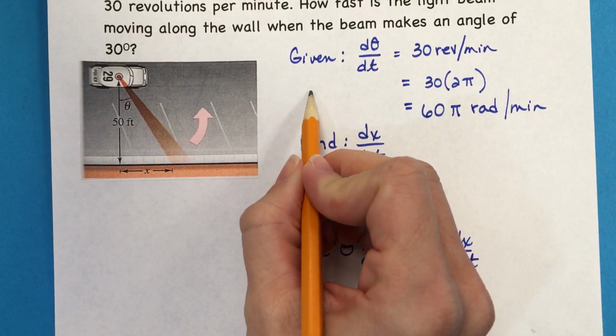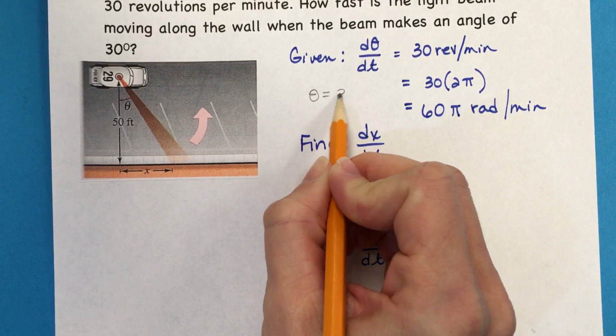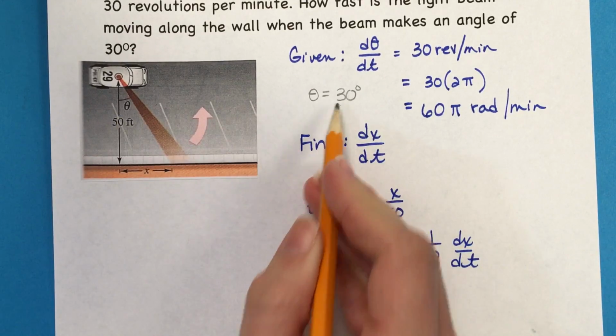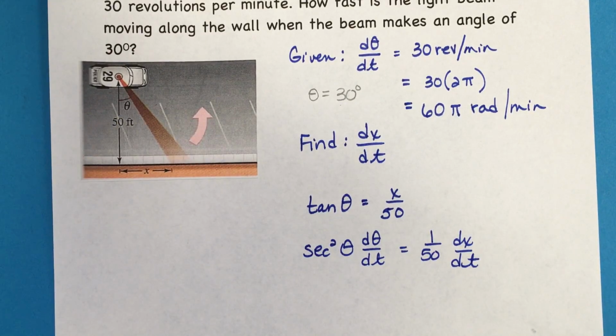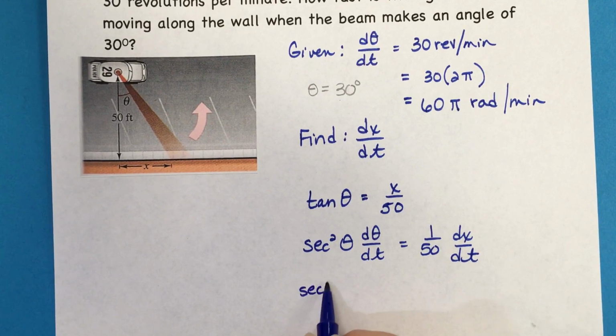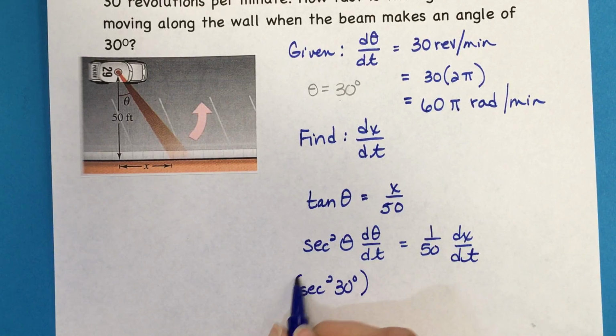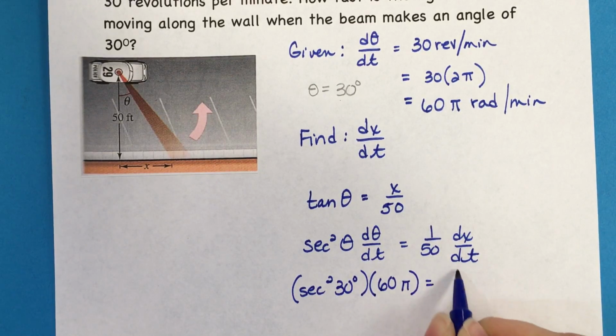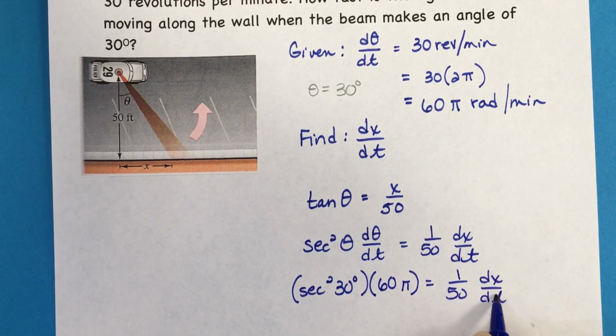That's part of your given information: you want to know exactly what this rate is when that angle reaches exactly 30 degrees. So that was another piece of given information. So I would have secant squared of 30 degrees, multiplied times the 60 pi, is equal to 1/50th dx dt.